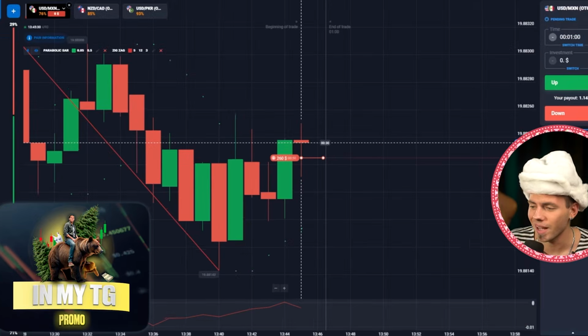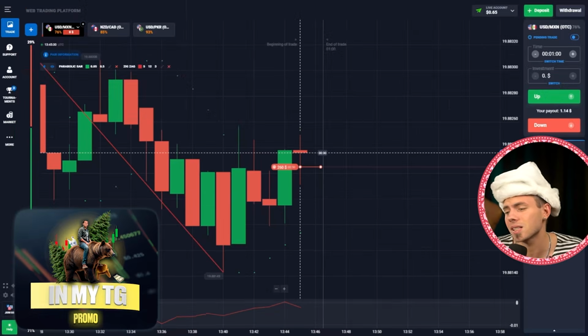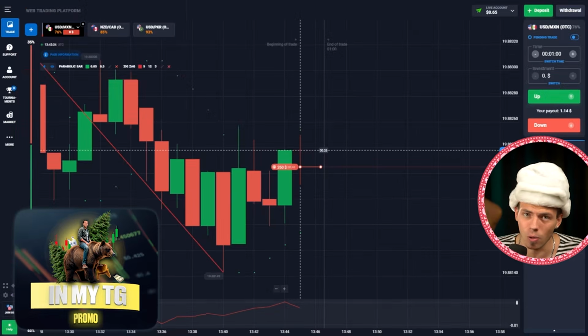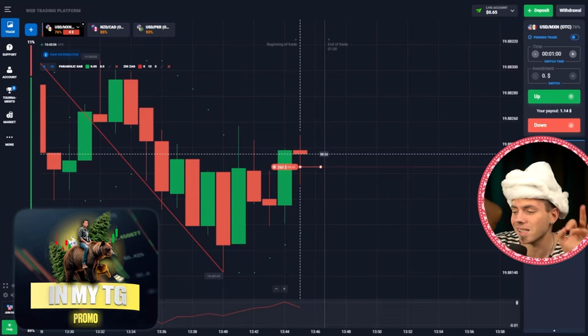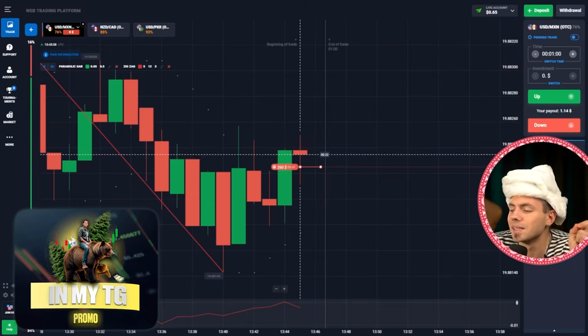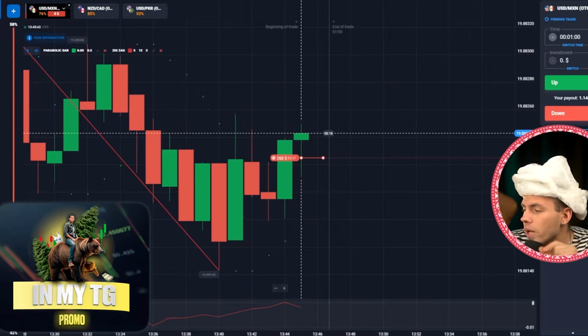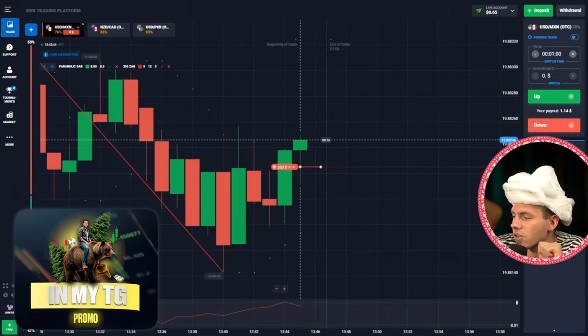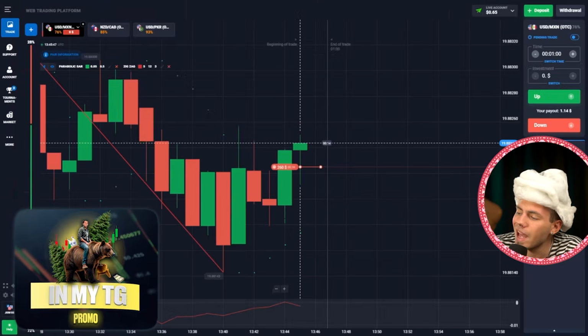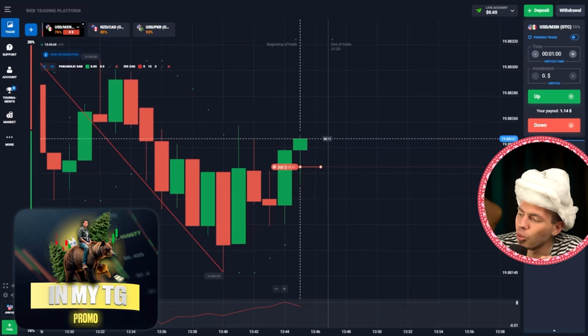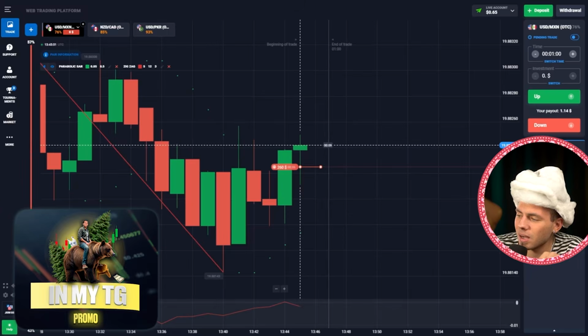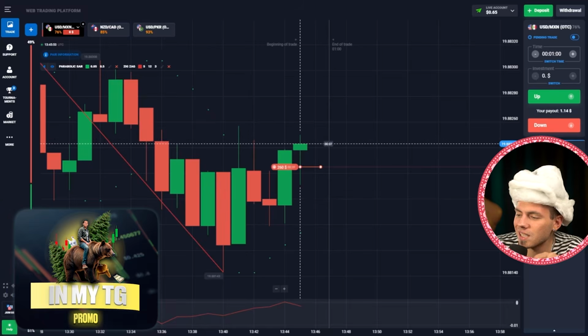I will explain. The thing is that we have very strong resistance over here, but the resistance is not one specific level. Here we have a resistance range between 19.88220 and 19.88260.